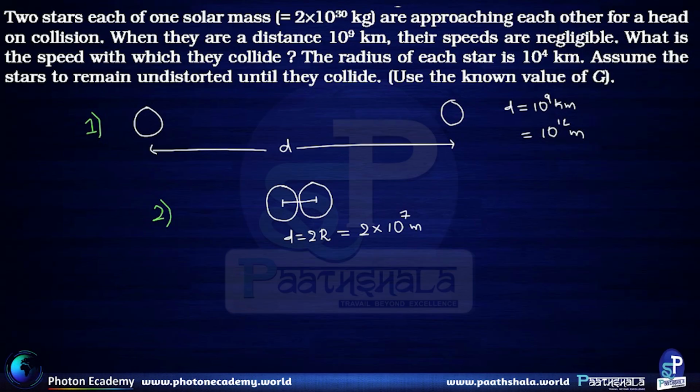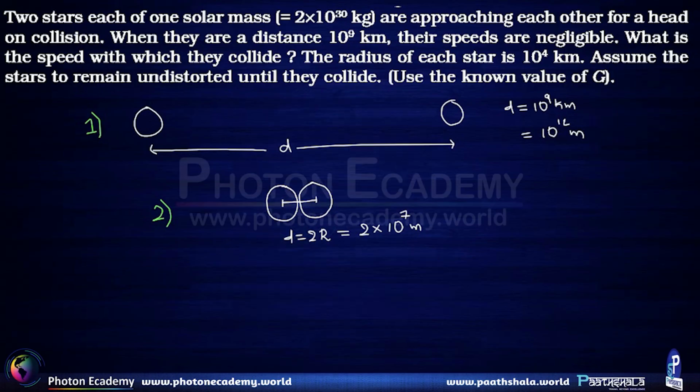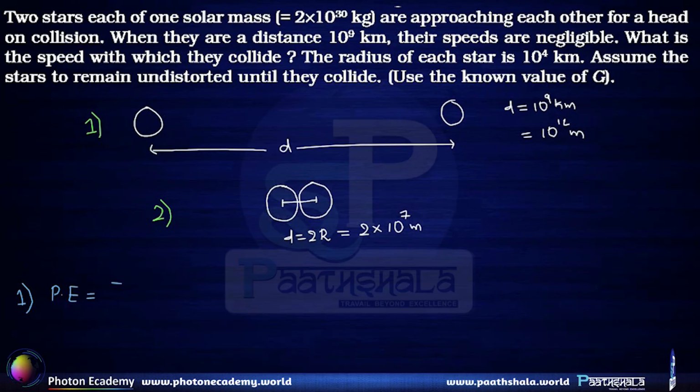The total energy in state 1 should be equal to the total energy in state 2. If we look at state 1, the kinetic energy is 0, as the speeds are negligible, and the potential energy is minus GMM by r, where r is the distance between the centers of mass, and here it is d.